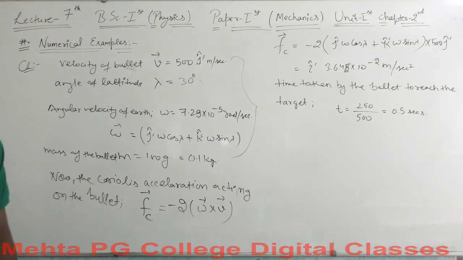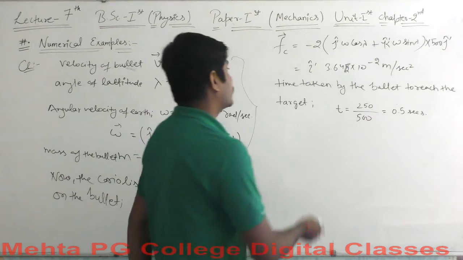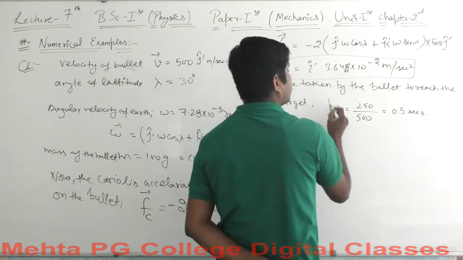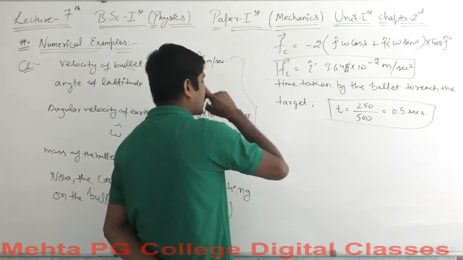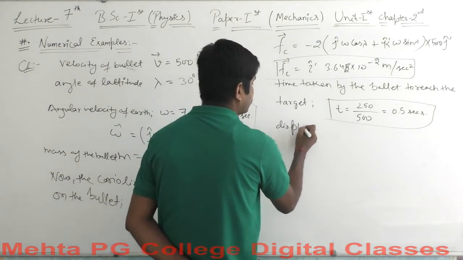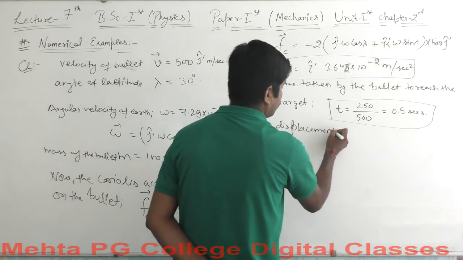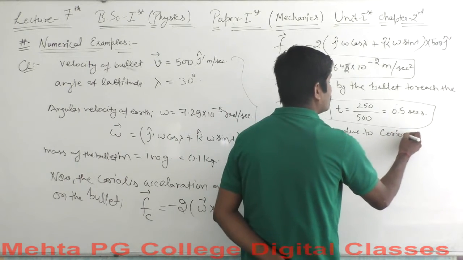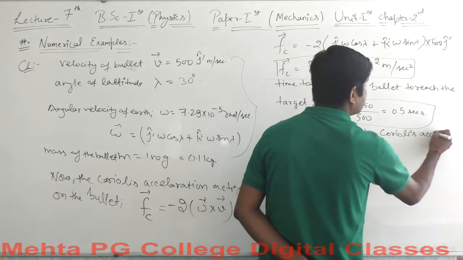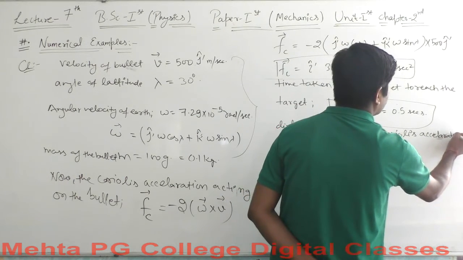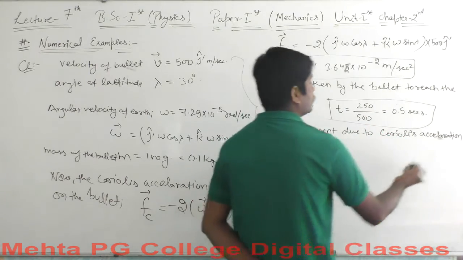Okay, so now what would be the displacement due to the Coriolis acceleration? We have the Coriolis acceleration, we have the time taken, and one more thing to calculate is the displacement due to Coriolis acceleration.